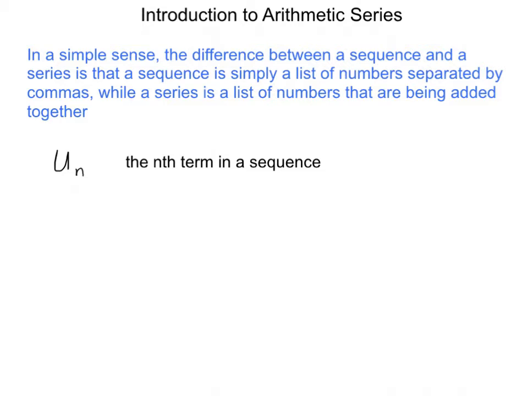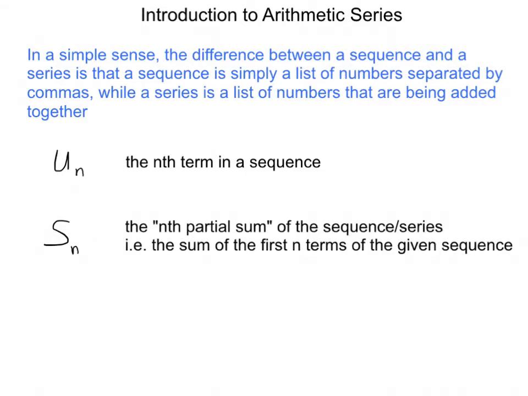Fantastic. So today we're getting a new notation, and that notation is S sub n, capital S sub n. This is the nth partial sum of the sequence or the series, which means it's the sum of the first n terms, and I'll write that out. So for instance, if someone were to ask you to find S3, it would mean you need to take the first term plus the second term plus the third term.